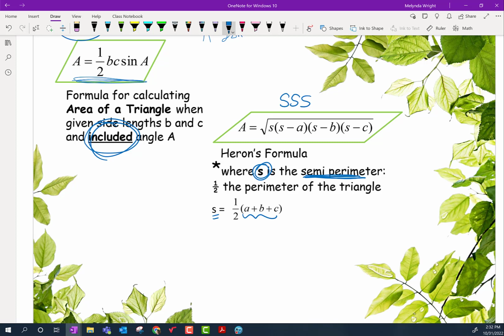And you can see that the semi-perimeter is used 1, 2, 3, 4 times in the formula. So it's a very important number for this particular formula. Okay, and those are the two new equations that we're going to practice with today for area. Questions so far on the formulas?